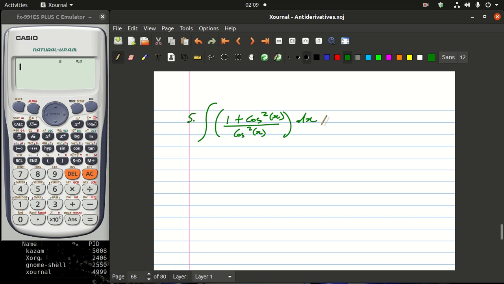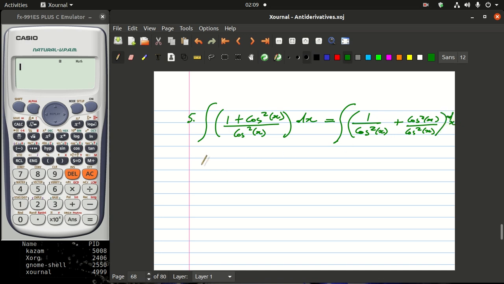In most cases, it is easy to first simplify and make these things look a little bit easier. This is the same as 1 over cosine squared of x plus cosine squared of x divided by cosine squared of x, dx.